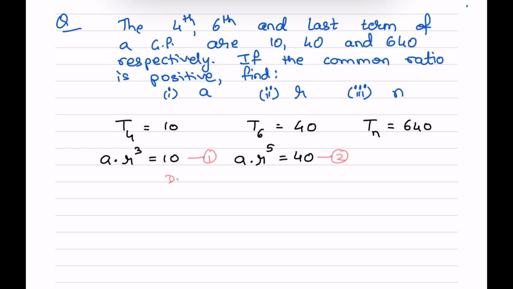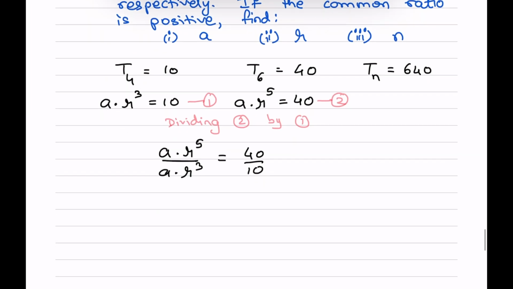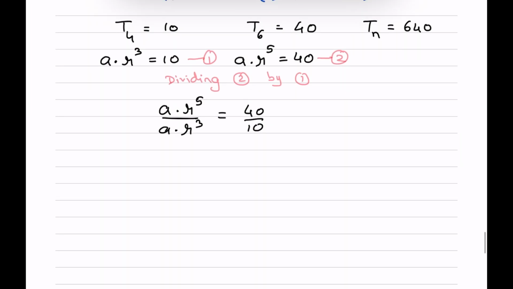So dividing equation 2 by equation 1, on the left hand side we get a times r raised to 5 upon a times r raised to 3, and on the right hand side we get 40 upon 10. On simplifying this, we get r square equals 4.